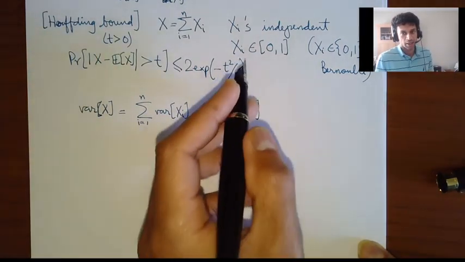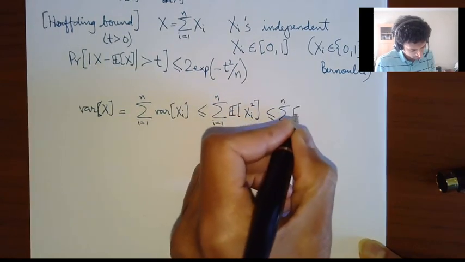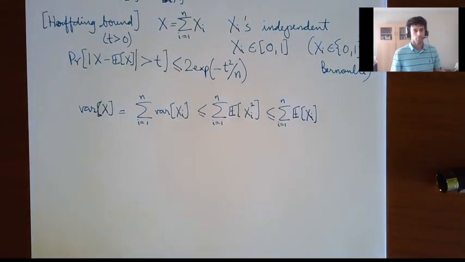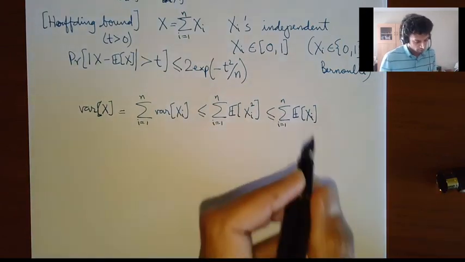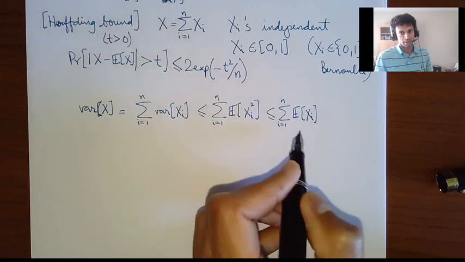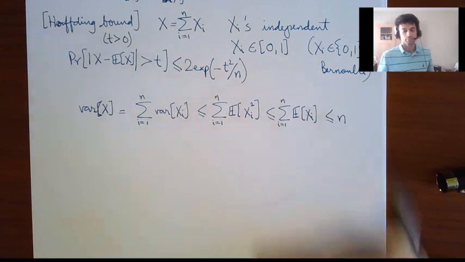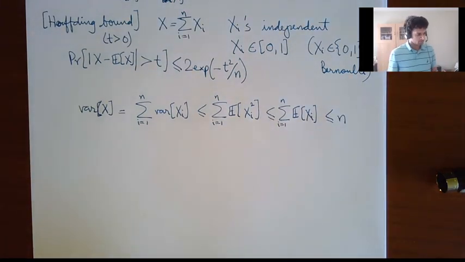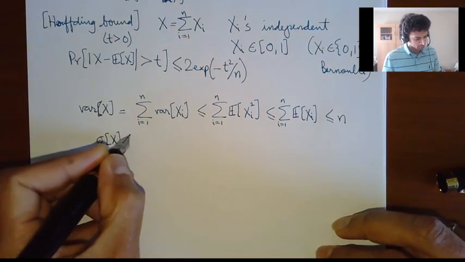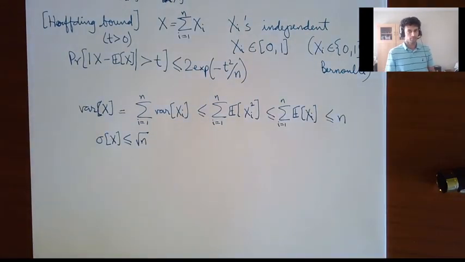Now xi is between 0 and 1, so I can bound this by the expectation of xi, and well, it's between 0 and 1, so clearly the expectation is at most 1. Actually, I could have done this directly over here as well. I can say this is just at most n. So the variance is at most n. So the standard deviation is at most root n.